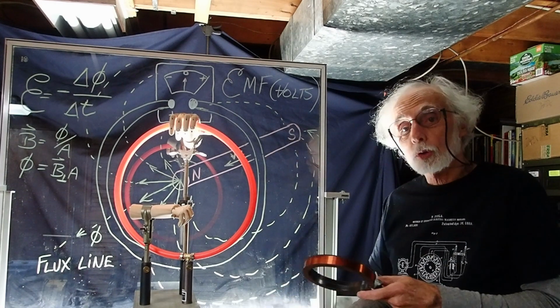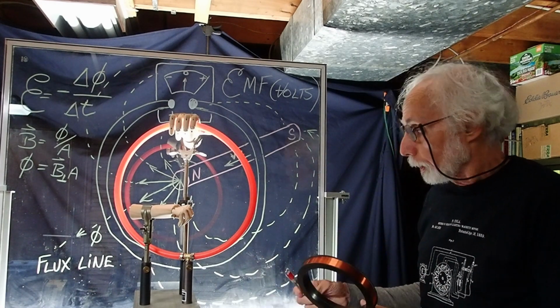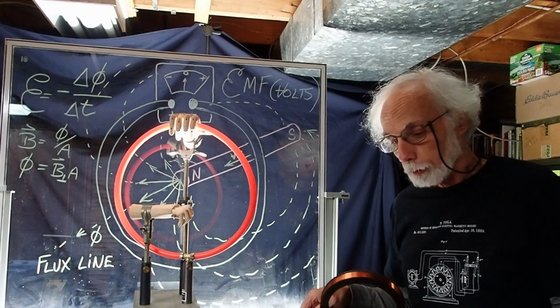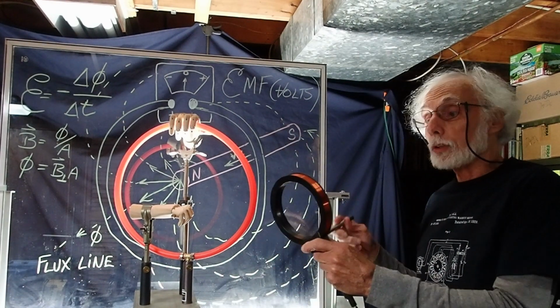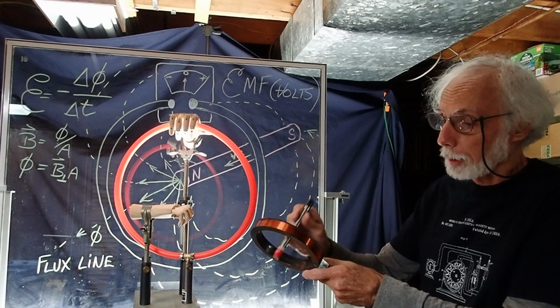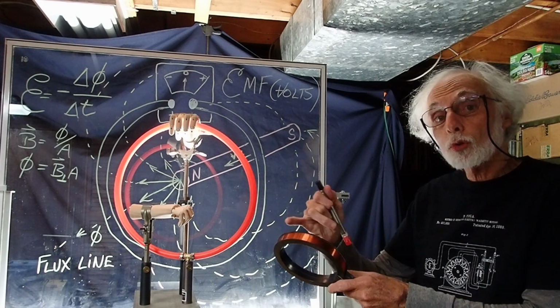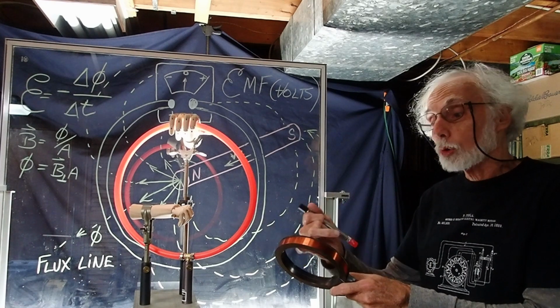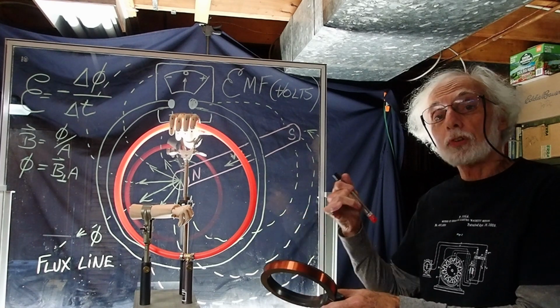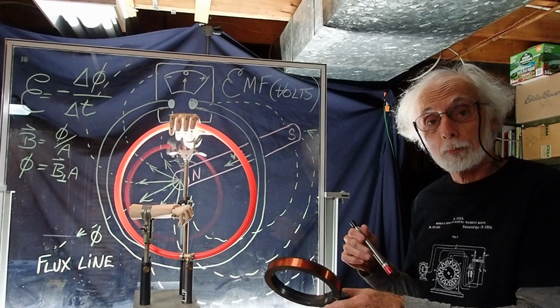And according to Lenz's law, which kind of says the same thing in words, if I induce an electric current by putting a magnet through a coil, the induced current will create a field opposite to the field that caused it.